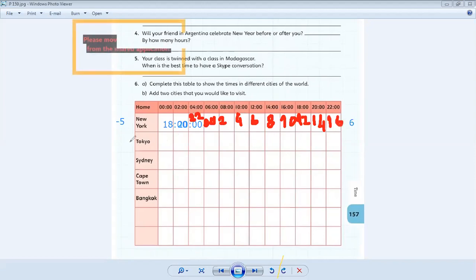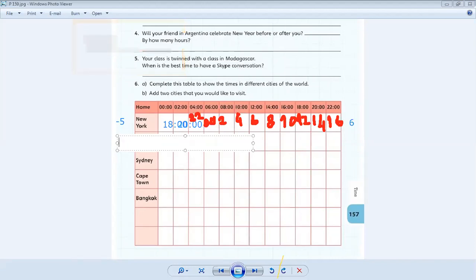Now Tokyo. Tokyo is in time zone +9. And how many hours difference between Tokyo and Libya? +9 and 8. 8 hours.